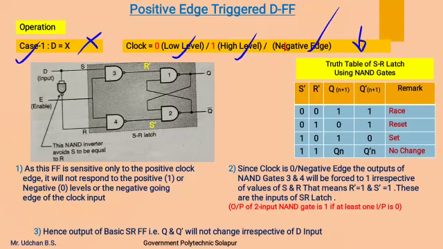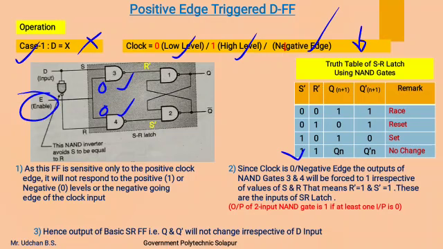So when clock is a negative level or negative edge, then the input to this NAND gate 3 and 4 will be 0. Through this terminal we are going to connect a clock input, that is enable terminal.